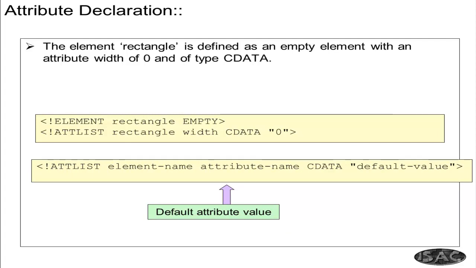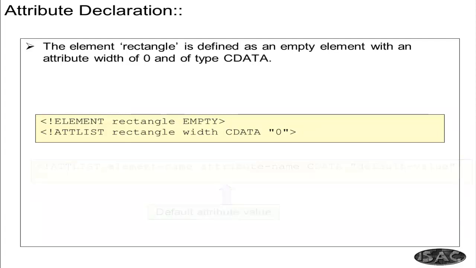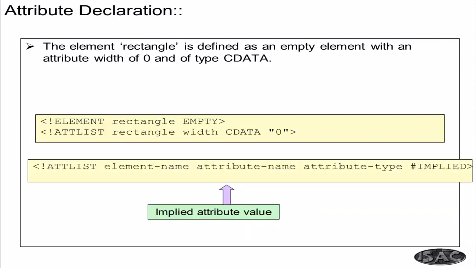Okay, see this default attribute value. Now you can also have an implied attribute value. What it means is that it is implied if you don't provide this attribute as well.